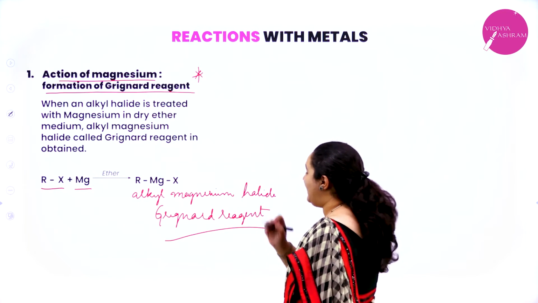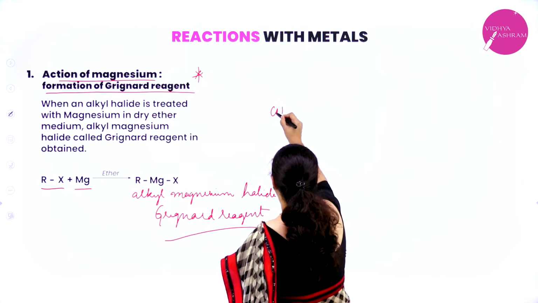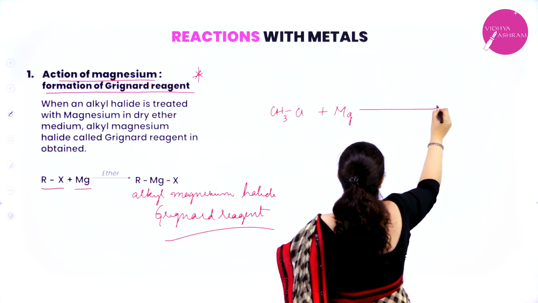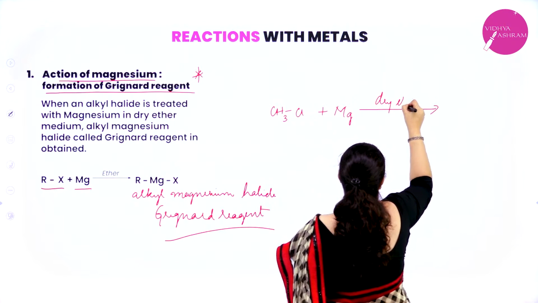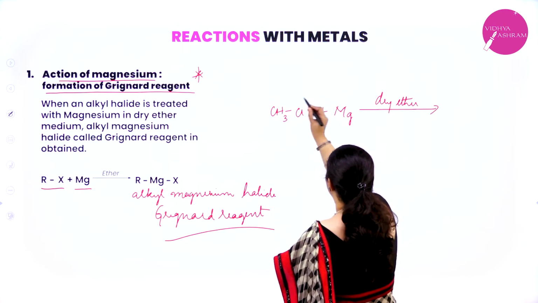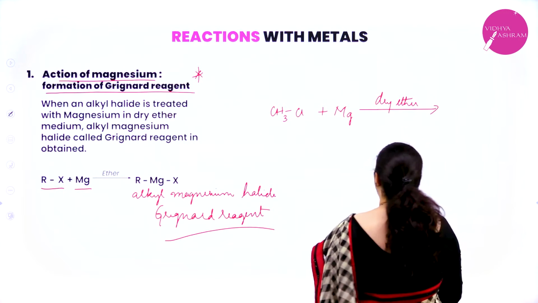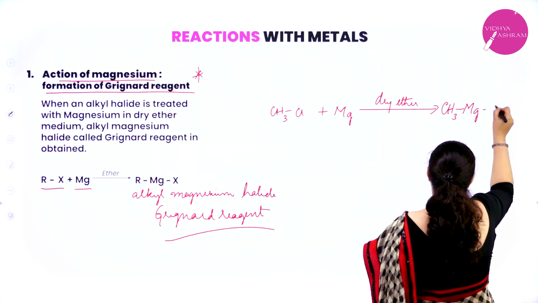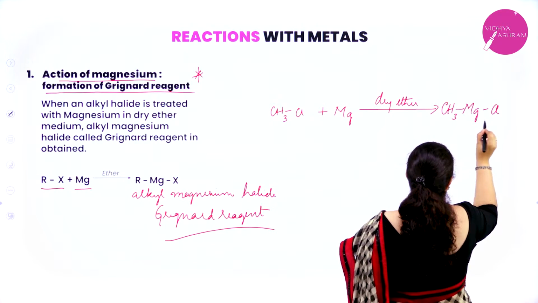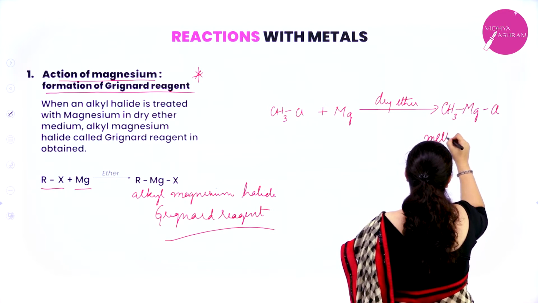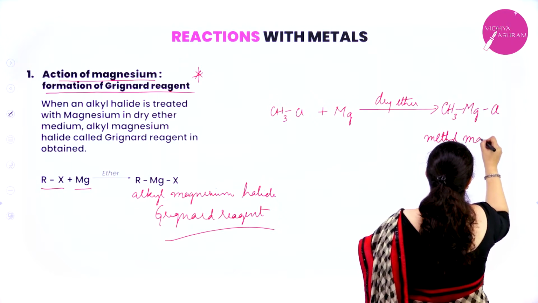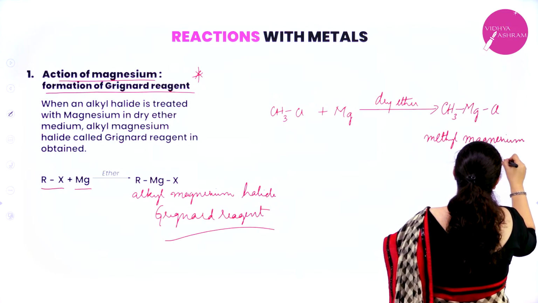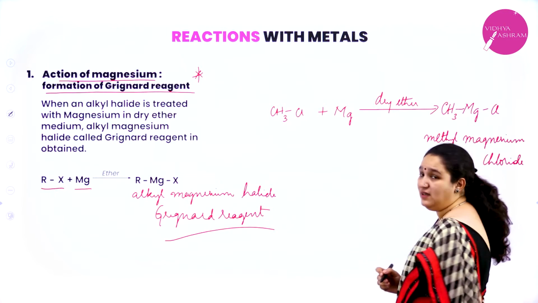Okay. So we'll write an example here. I'll take CH3Cl plus magnesium in the presence of dry ether. What will happen? Magnesium will come in between the alkyl group and the halogen to give CH3MgCl, that is methyl magnesium chloride, which is a Grignard reagent.